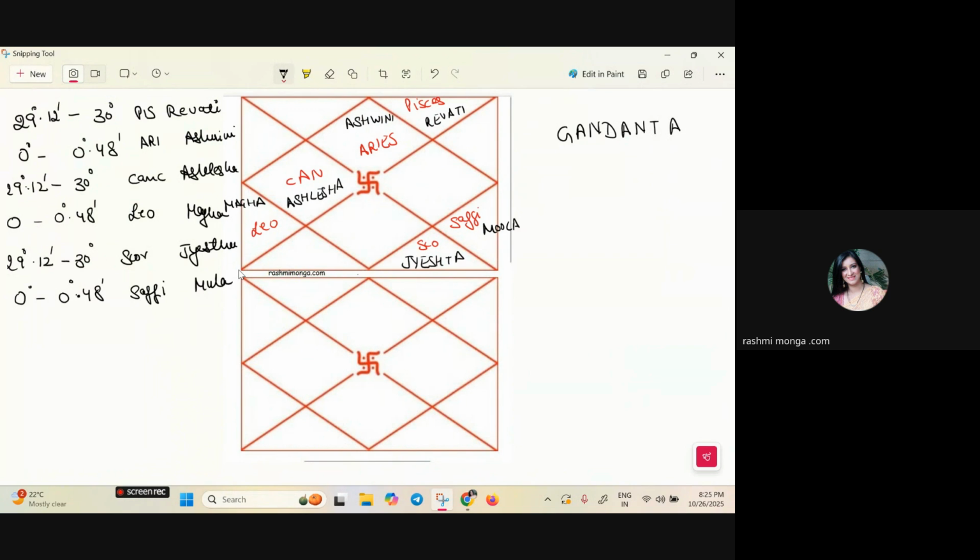So these are the very intense Gandant degrees.